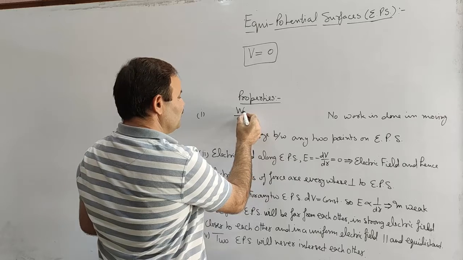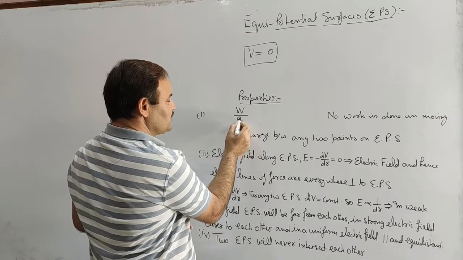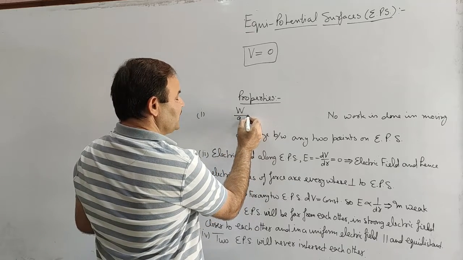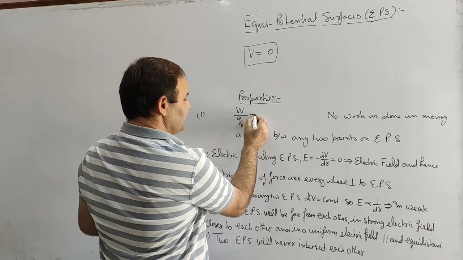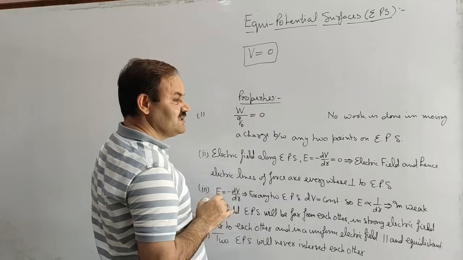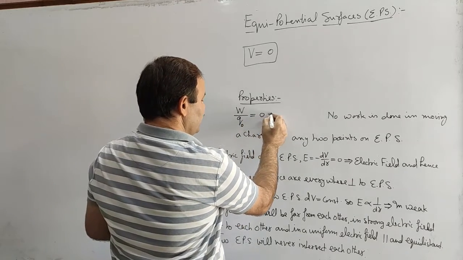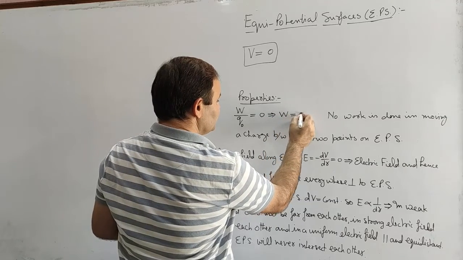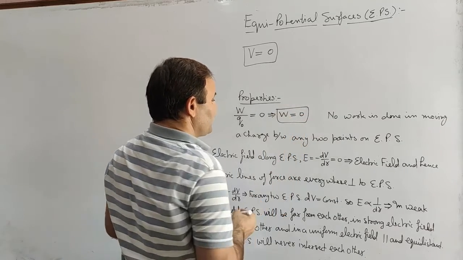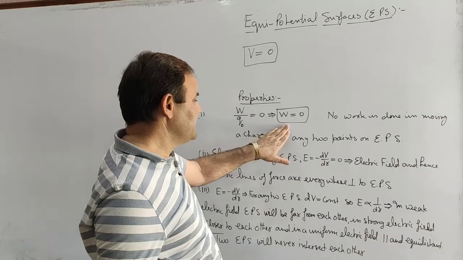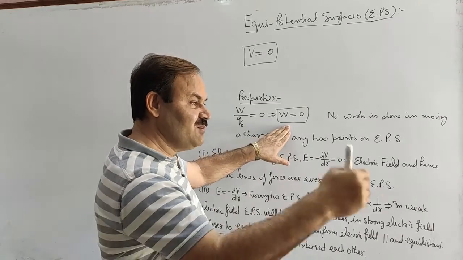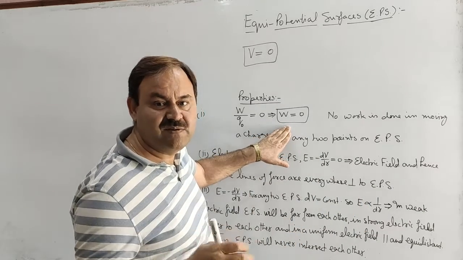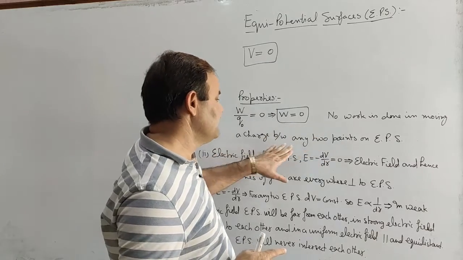So W, work done in taking a charge Q0 from one point to another on an equipotential surface will always be 0, and this implies W is equal to 0. It means work done in taking a charge from one point to another on an equipotential surface will always be 0.